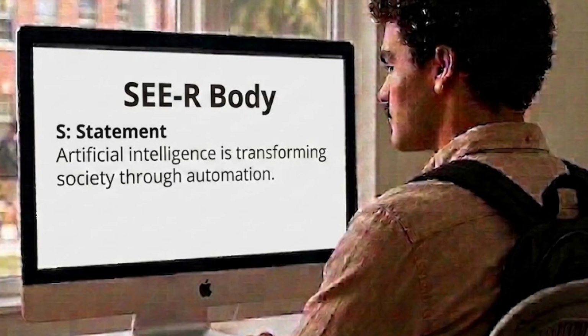Let's examine a well-developed SEER paragraph. Notice that this paragraph includes multiple forms of evidence and narrative citations. Let's read the statement. Artificial intelligence is transforming society through automation.